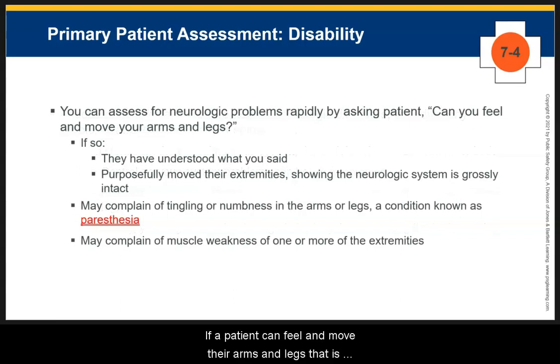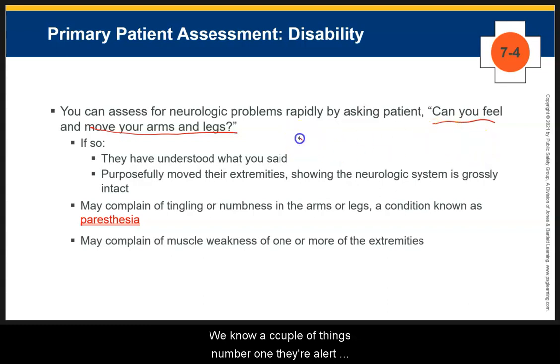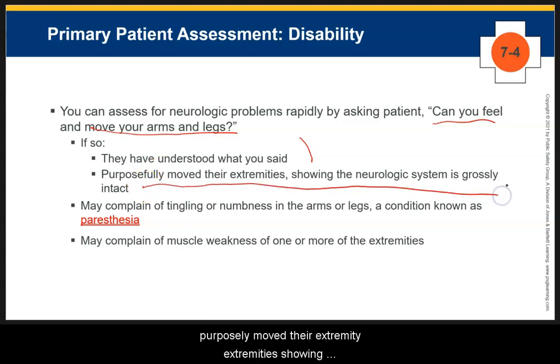If a patient can feel and move their arms and legs, that is, they have sensation and motor function, we know a couple of things. Number one, they're alert because they've understood your request, and then they've purposely moved their extremities, showing that the system is intact.